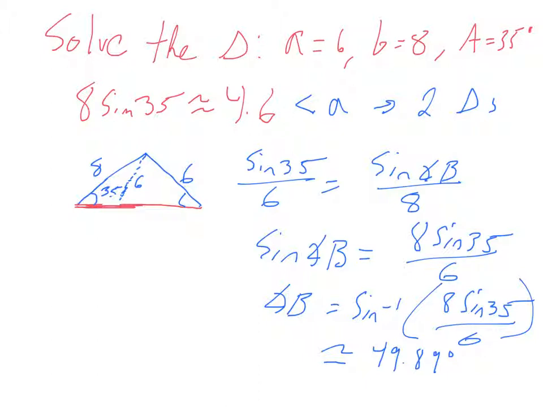Right now, that would be the acute angle. So we found this scenario, right? If it's 49.89 degrees, then it's this situation where this angle is acute, and we have side A here in this configuration. Now, in this situation, we wanted to figure out, well, if it was over here instead, what would this angle be? Right? What would this angle be if we had it in this situation instead?